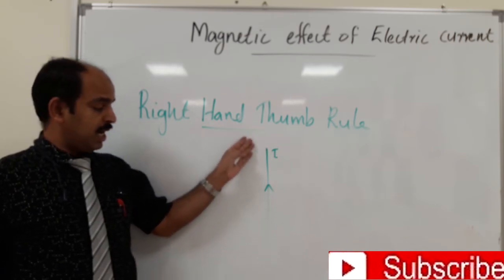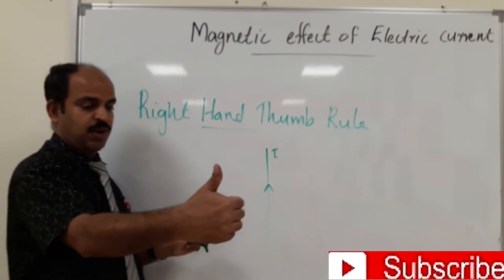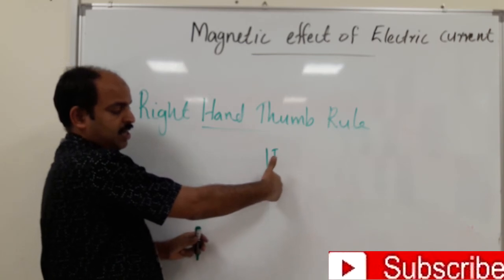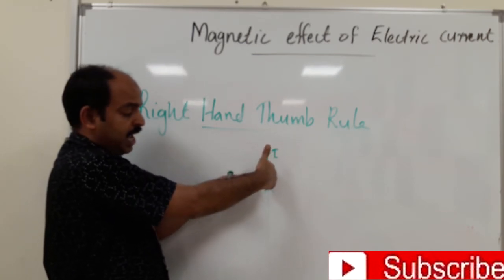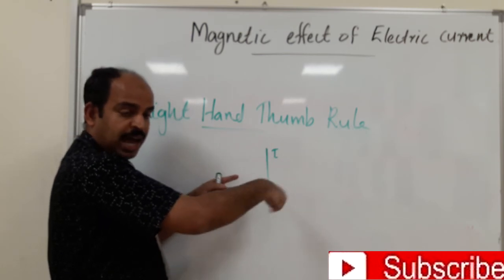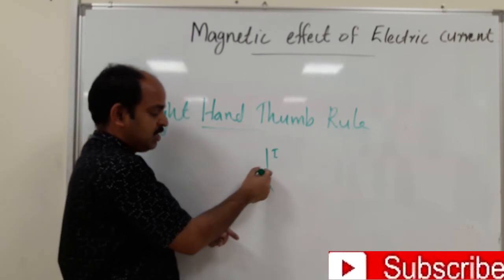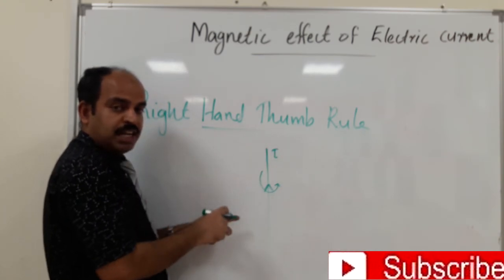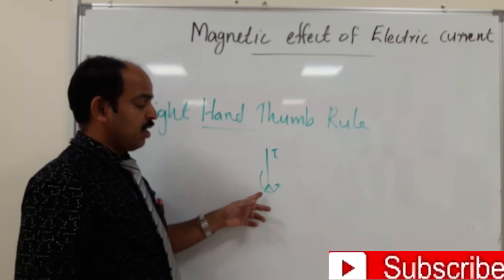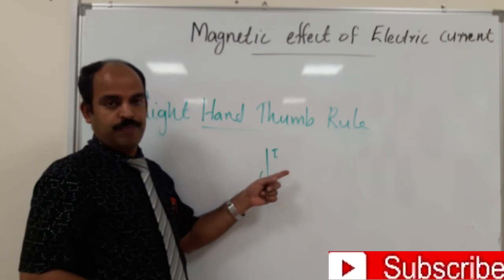So hold the conductor in the right hand such that the thumb points in the direction of current. Then the encircling fingers will give the direction of the magnetic field. So that is the anti-clockwise direction.